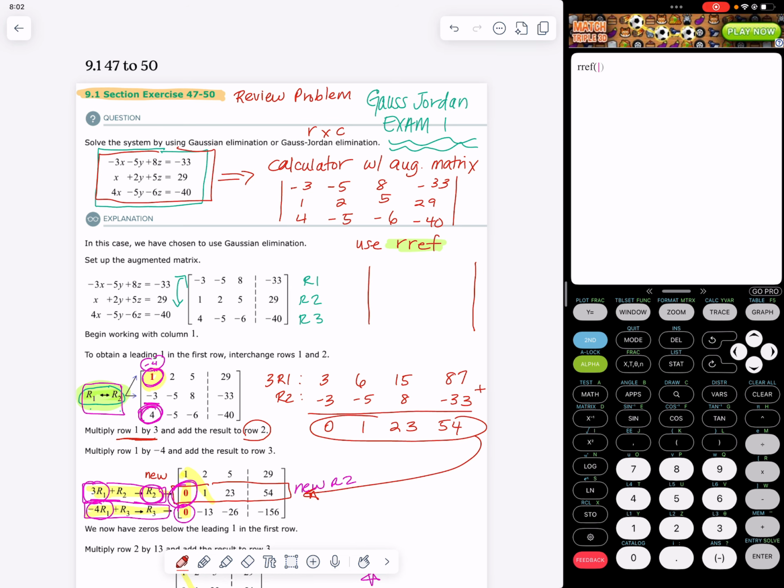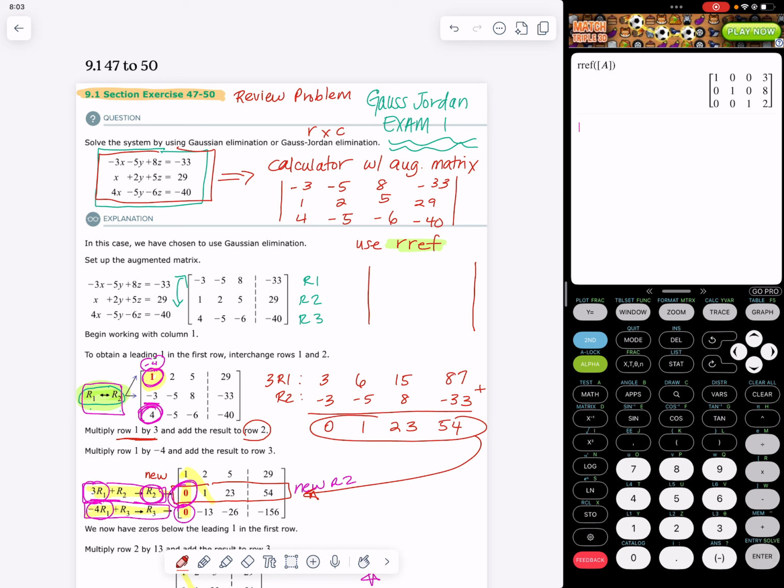So RREF, and we want that to be matrix A that we're going to run RREF on. So second matrix. And this is the time we stay in the names menu and choose matrix A. So we're asking our calculator to run reduced row echelon form on matrix A.